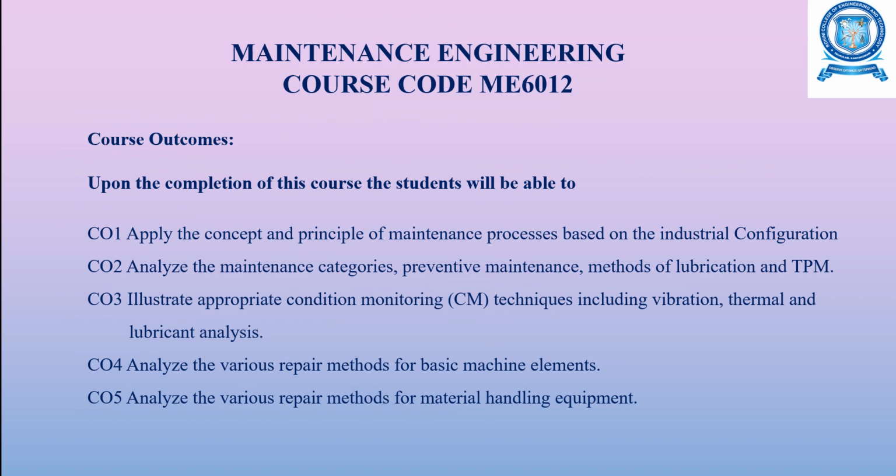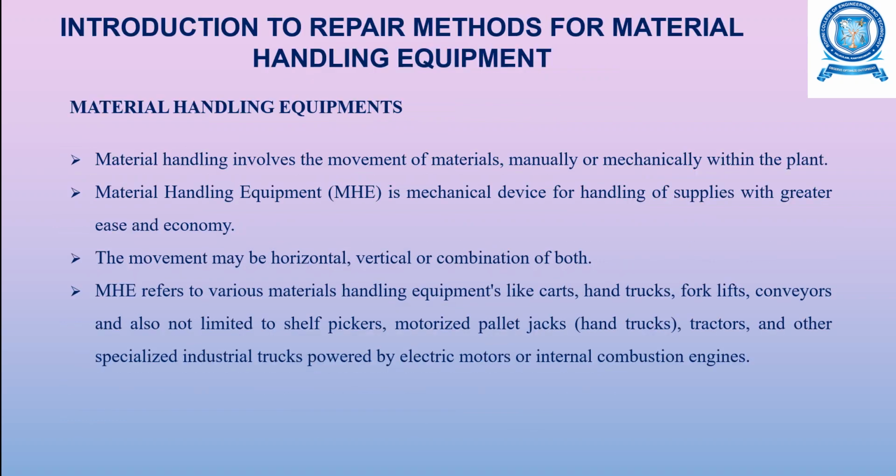And the students will be able to illustrate appropriate condition monitoring techniques, including vibration, thermal, and lubricant analysis on completion of Unit 3. And from Unit 4, the students will be able to analyze the various repair methods for basic machine elements. And from the 5th unit, the students will be able to analyze the various repair methods for material handling equipments.